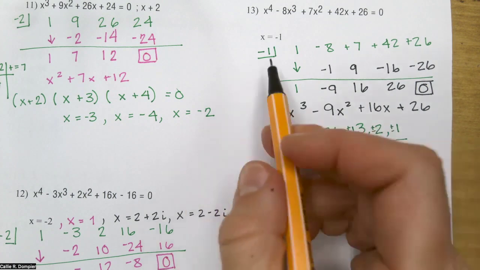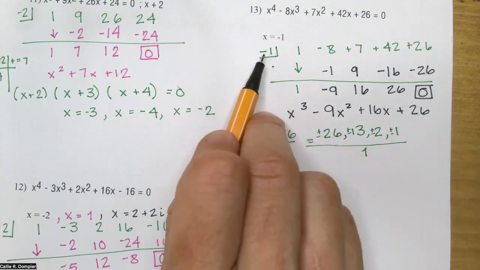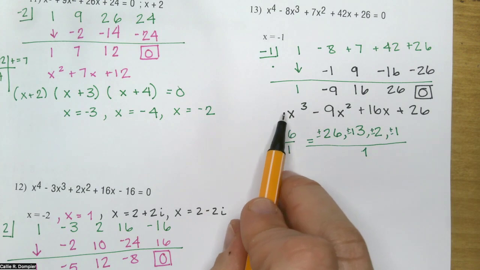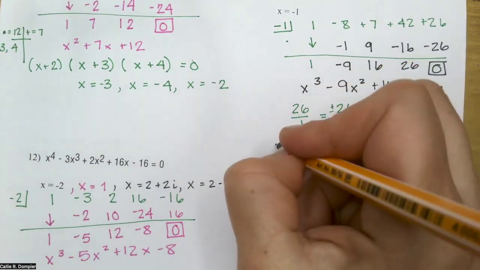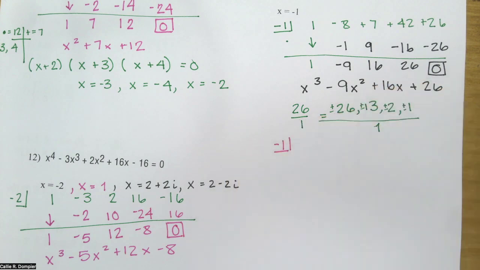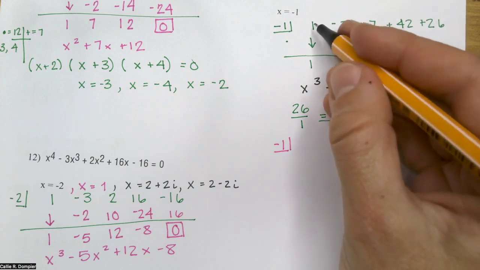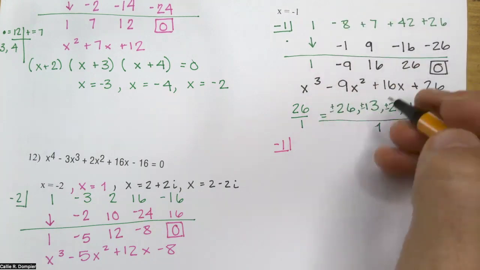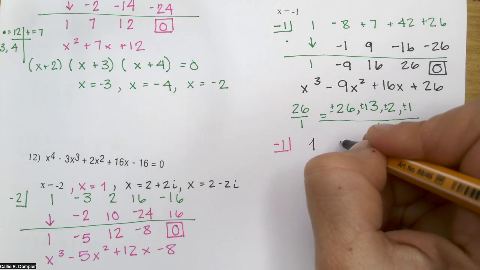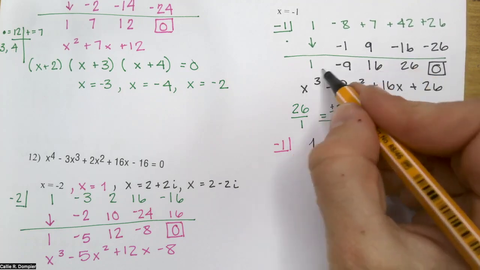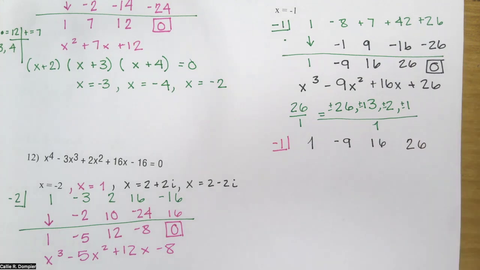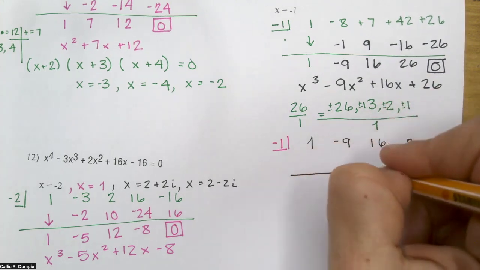Okay. So we've already done negative 1, but we really only did negative 1 to this one. We haven't done negative 1 to this one. So you can start with negative 1 again. But don't use those same numbers. Don't use 1, negative 8, 7, 42, and 26. Use 1, negative 9, 16, and 26. Use the bottom of the last division that you did.